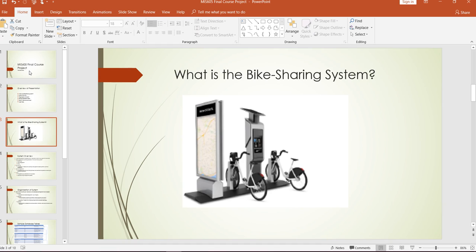There will be multiple bike docking stations throughout the city, and users can rent a bicycle by paying at the terminal, which will then unlock a bike for them, and they'll be able to use that bike for X amount of time and are able to return it to one of the various bike docking stations throughout the city.